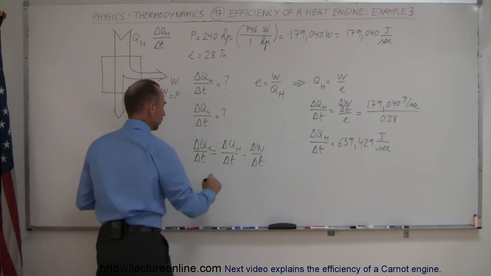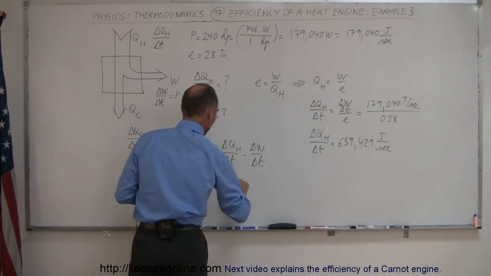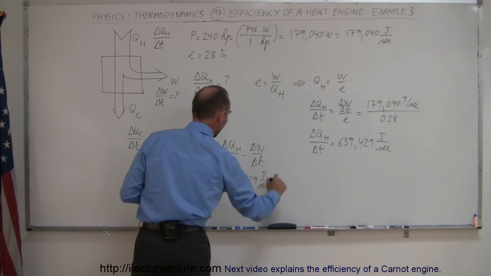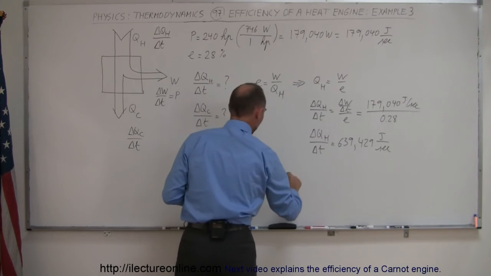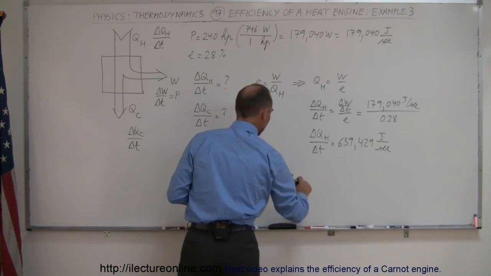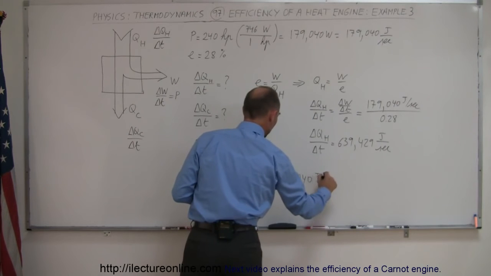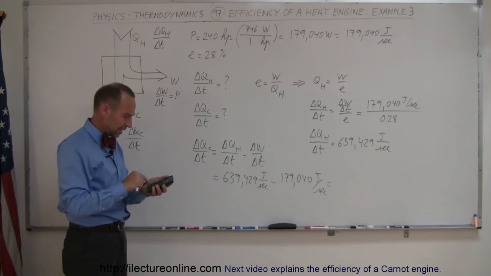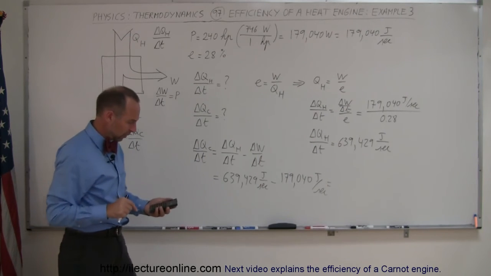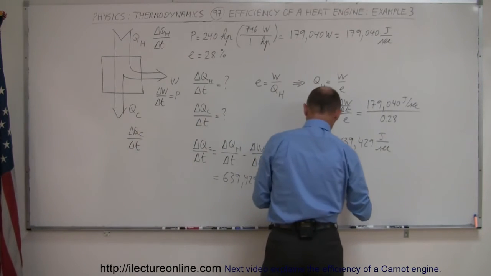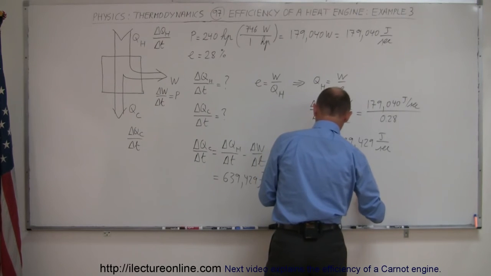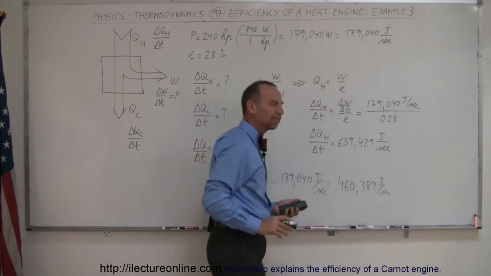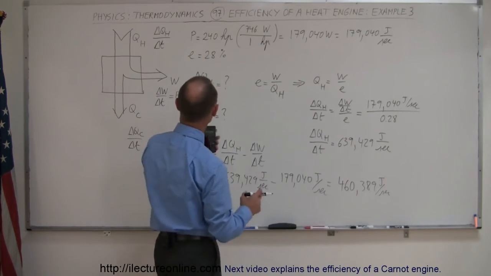So that's equal to 639,429 joules per second minus the work done per unit time, which is 179,040 joules per second. The difference between those two is 460,389 joules per second.